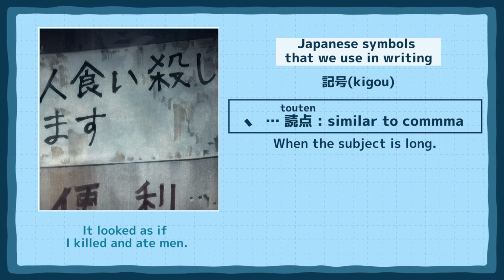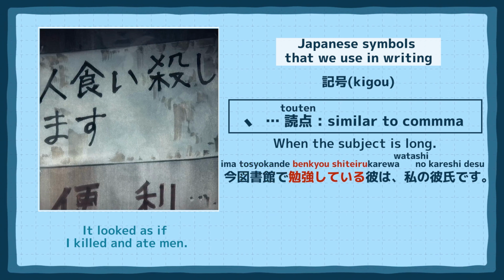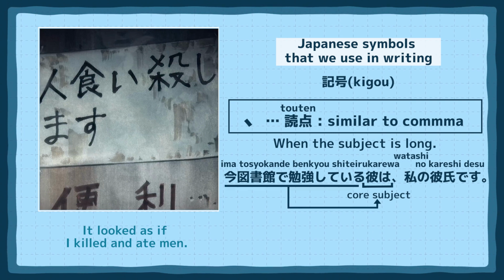Rule number 2. If the subject is too long, it's better to use it after the subject. 今、図書館で勉強している彼は私の彼氏です。今 is now, 図書館で is in the library, 勉強している is studying, 彼 is he, 私の is my, 彼氏 is boyfriend. The main part of the subject is 彼は, but the phrase before it, 今図書館で勉強している, is qualifying 彼: he who is studying in the library now.